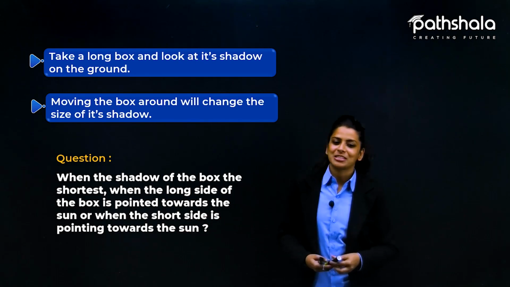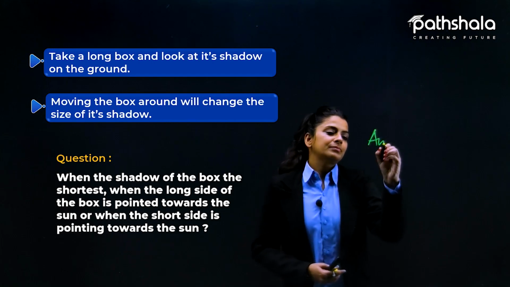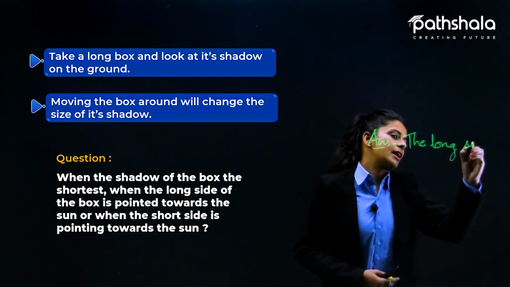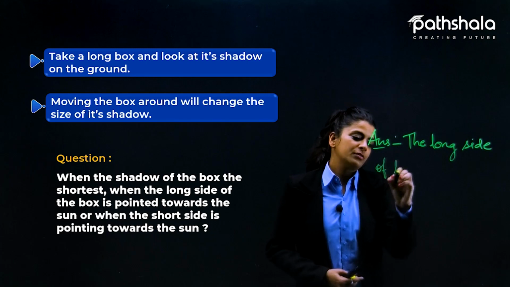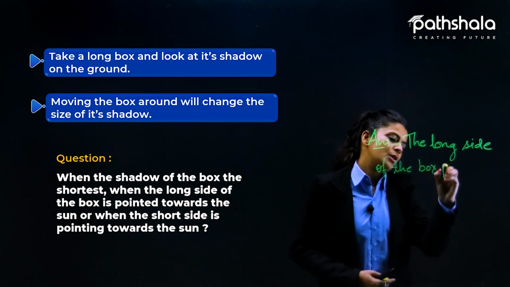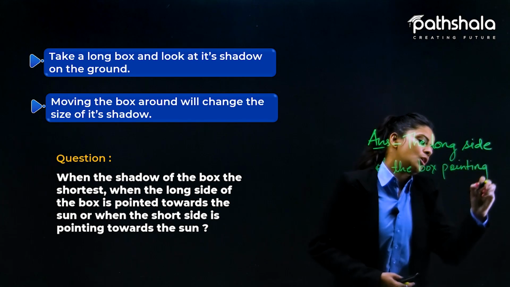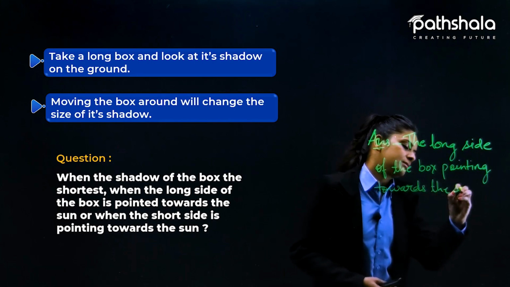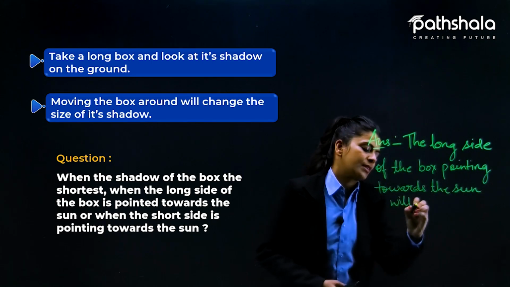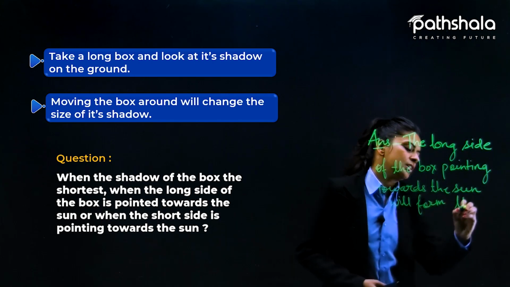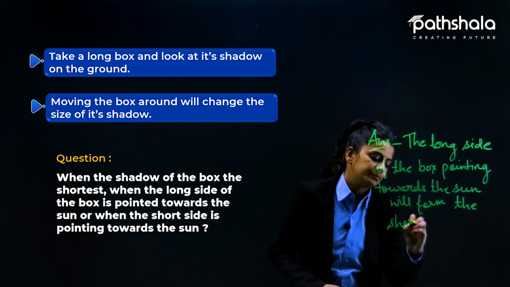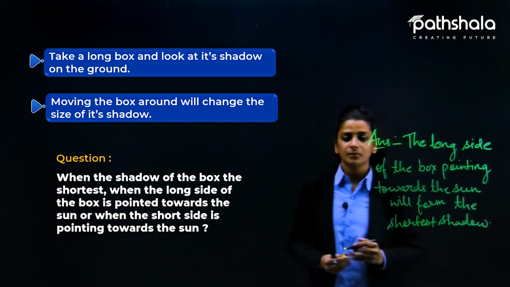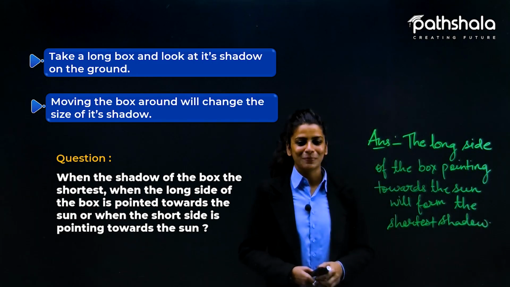Yes, so here the answer is very much clear now that the long side of the box pointing towards the sun will form the shortest shadow. Yes? So, this is your answer.